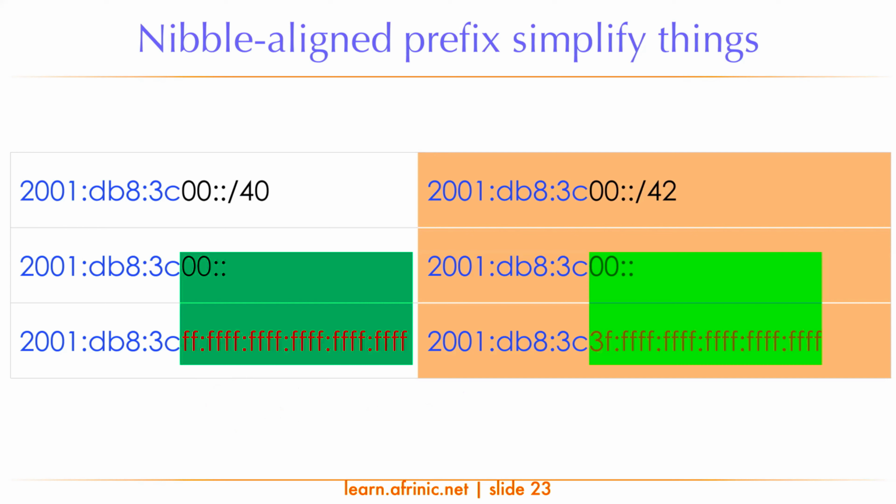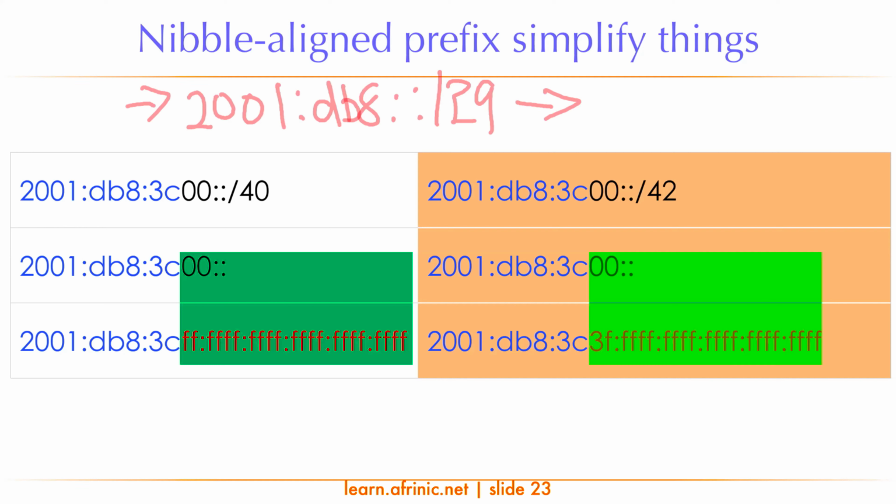So for example, if you have a prefix 2001:db8::/29, it means that you can't have a PTR record for this block. You need to have 8 reverse zones for the sub-blocks.